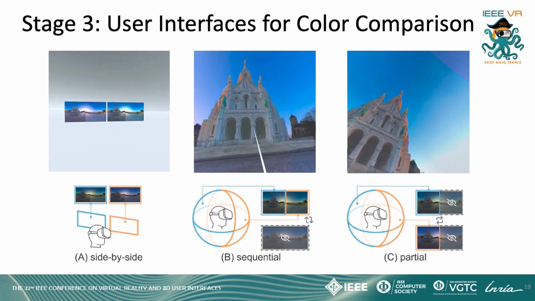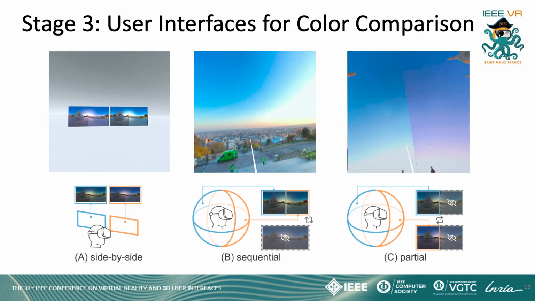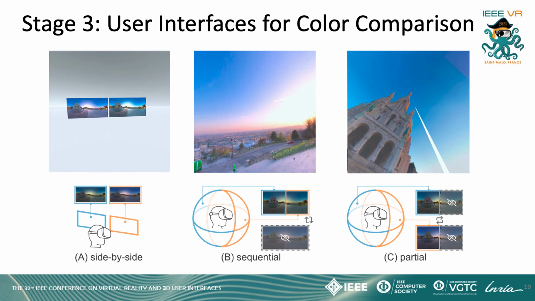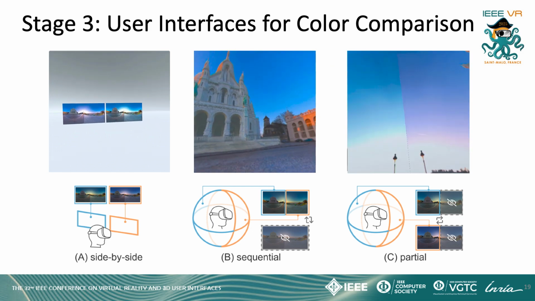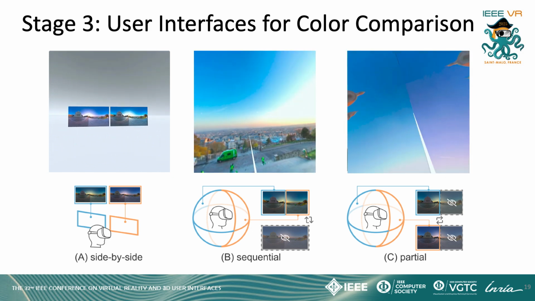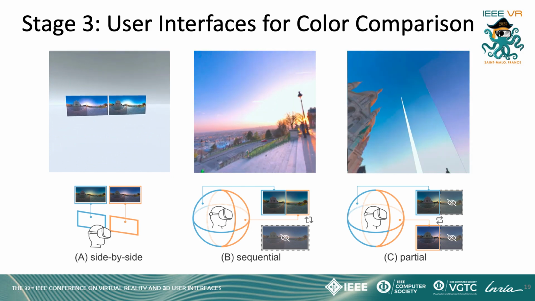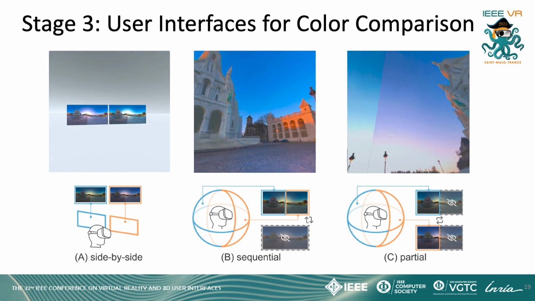In stage 3, we consider 3 VR interfaces as a part of our dual-level PBO framework to compare color-graded options and judge the preferred option. The side-by-side interface adapts typical desktop interfaces to display equirectangular projections side by side.